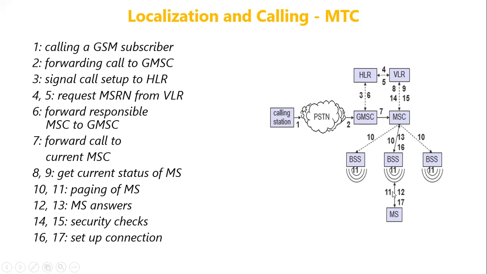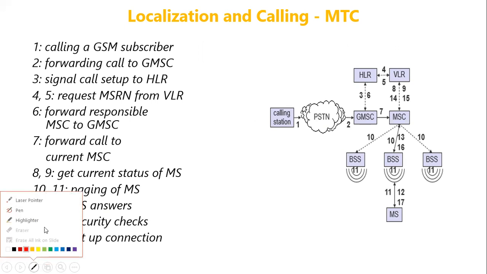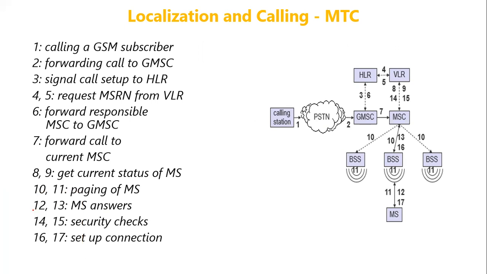Here the end point is the mobile. The call can be originated either from a mobile station or from a fixed network. Here we are assuming the call is originating from a fixed network, the PSTN, the public switched telephone network. A user using a fixed network requests the PSTN to establish a call with the mobile number he is giving.